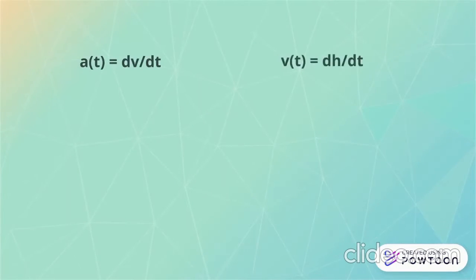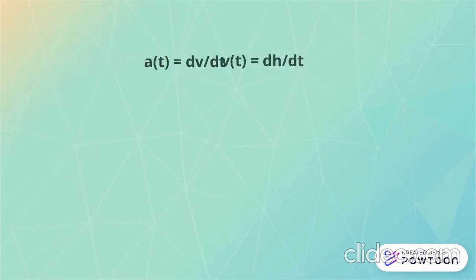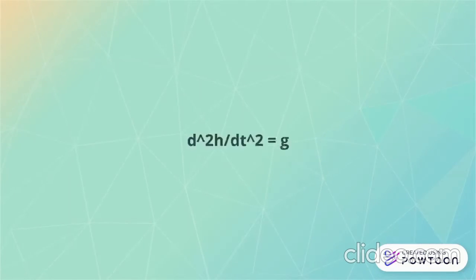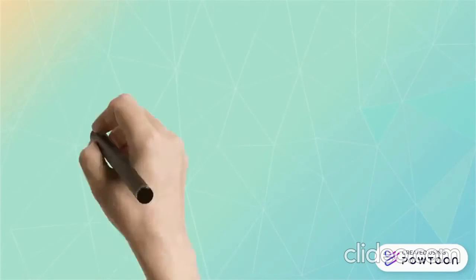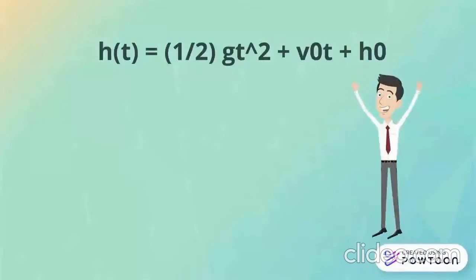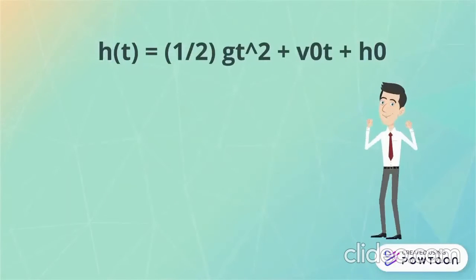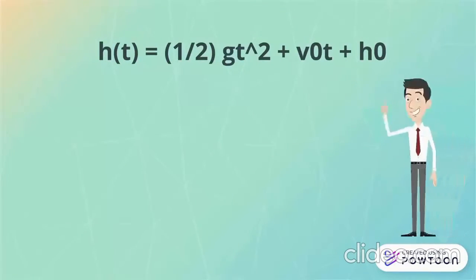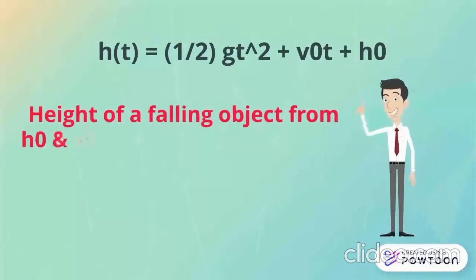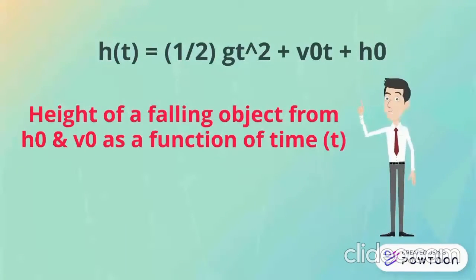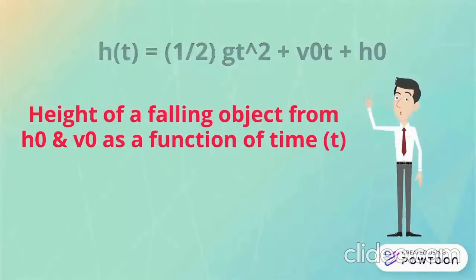Velocity is equal to the derivative of height with respect to time. By combining these two equations, you get the second derivative of height with respect to time is equal to gravity. By determining the second integral of this combined equation, you are left with an equation that describes the height of a falling object from an initial height and initial velocity as a function of time.